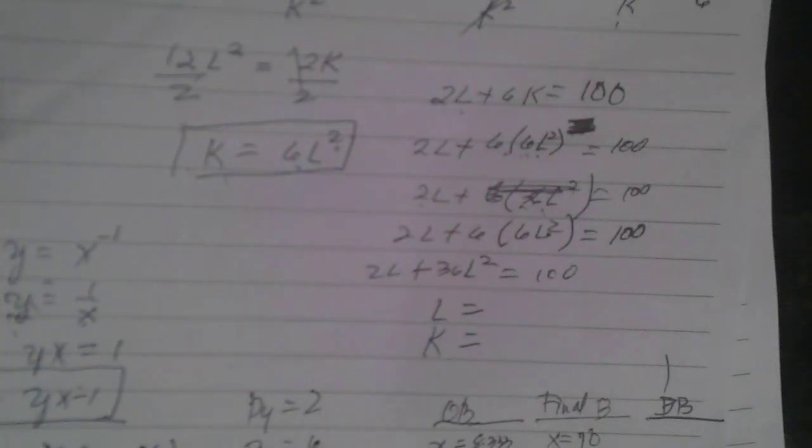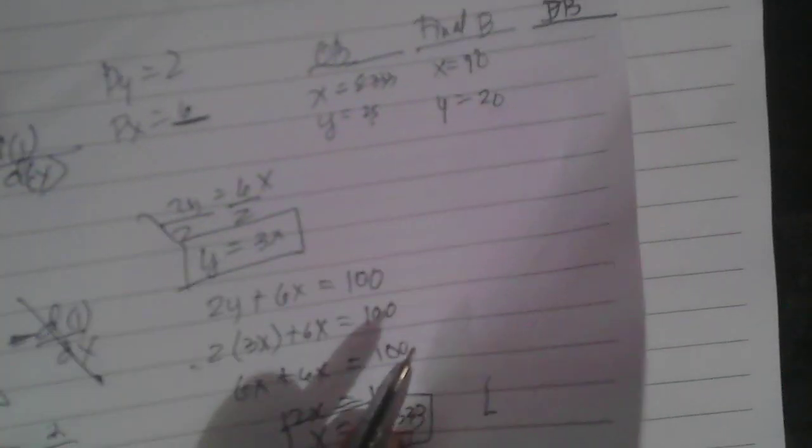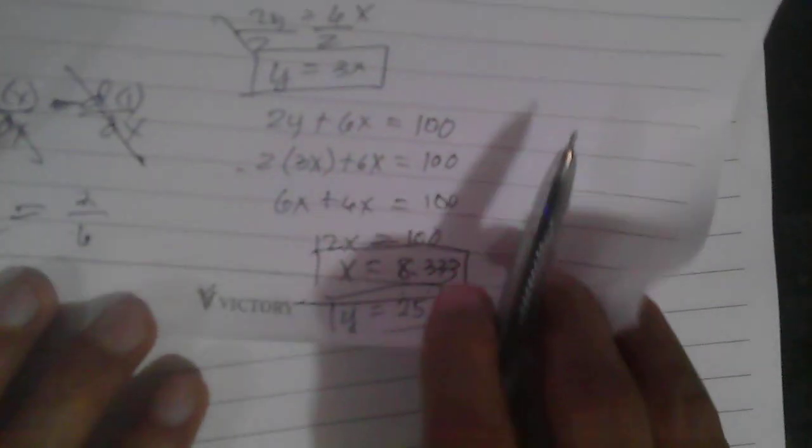For the decomposition bundle, the substitution effect, we take the utility function. The initial bundle is 8.33 and 25.